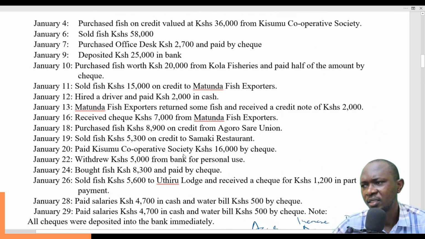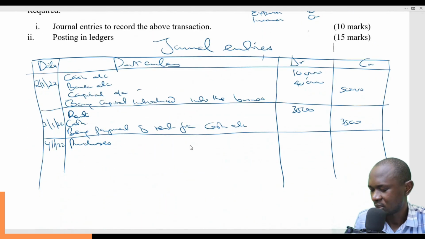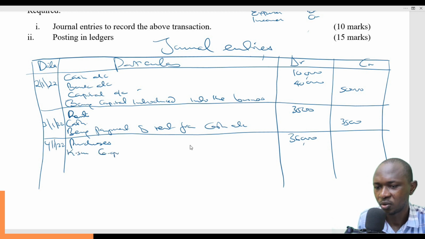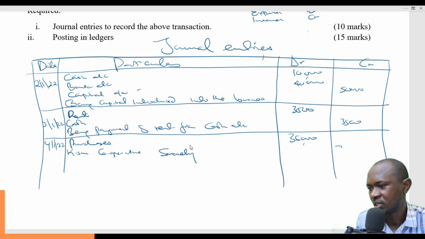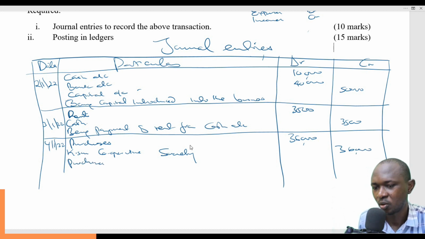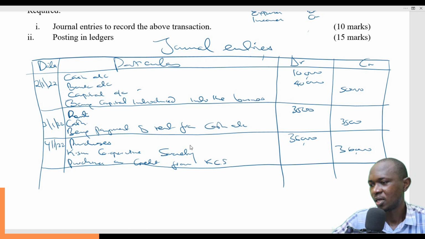And then we credit Kisumu Cooperative Society with that 36,000, because they are now creditors. Being purchases on credit from Kisumu Cooperative Society. That's the explanation. You always have to put a simple narration, always starting with the debit and then credit.